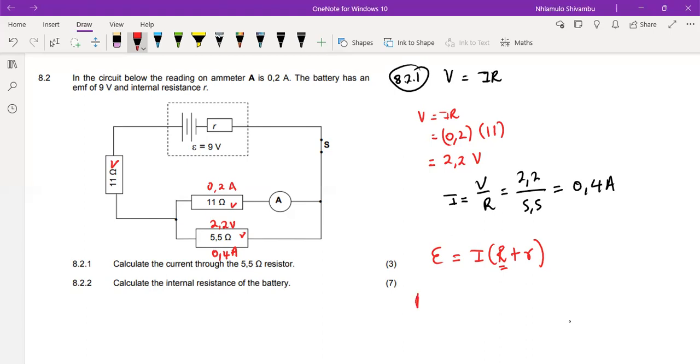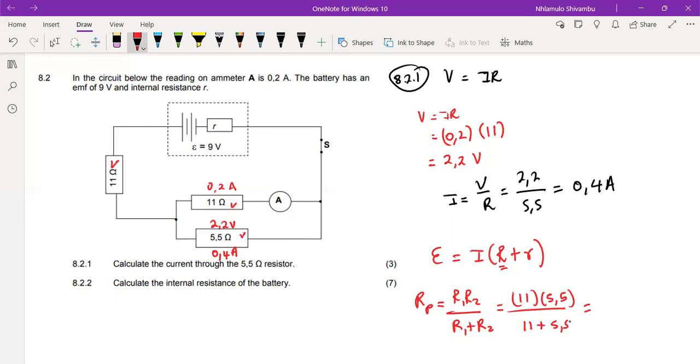And we can simply use RP equals R1 times R2 over R1 plus R2. And then this will be equal to 11 times 5.5 over 11 plus 5.5. So this will give us the total resistance of the resistors that are connected in parallel.